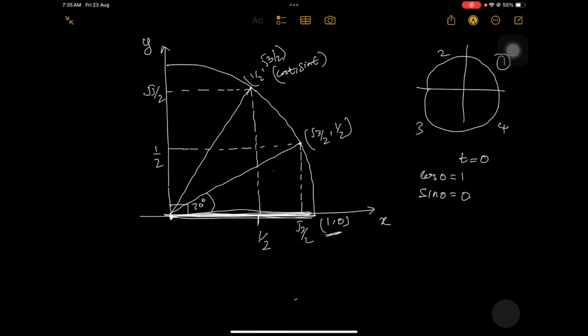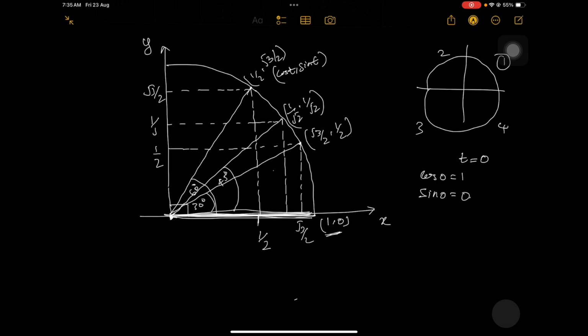And this is 60 degree, mark it. And then if you draw for 45 degree, it's going to be the same value for x and y. It's going to be 1 over root 2 comma 1 over root 2. Cos 45 is 1 over root 2, sine 45 is 1 over root 2.